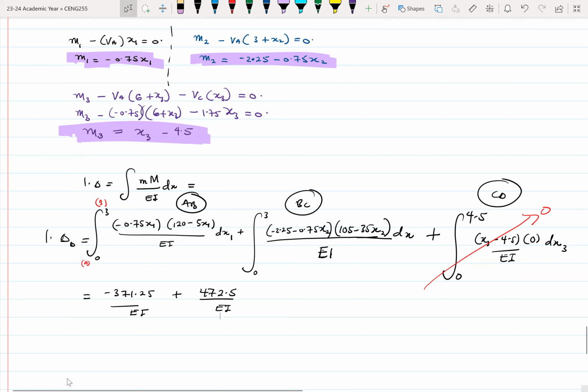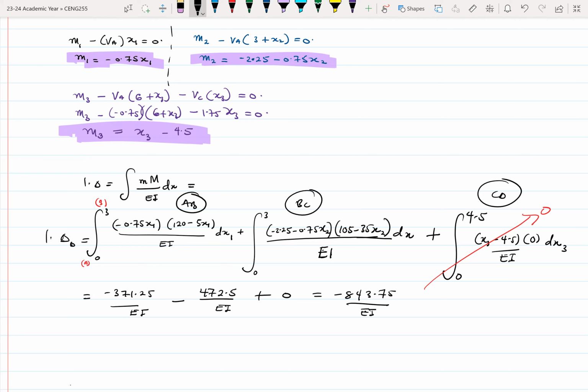Is it plus or minus? I think it's minus. Okay. Minus, and then this is 0. So we end up with minus 843.75 over EI. Do I have EI here? I think I gave EI, right?